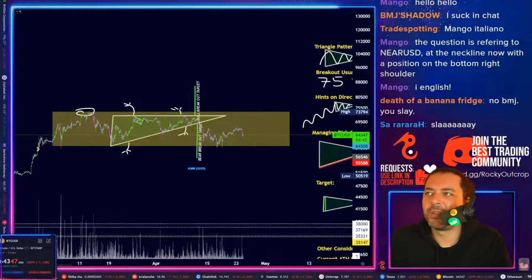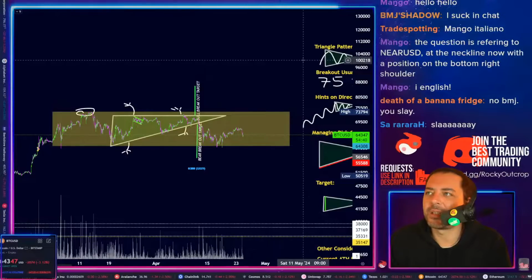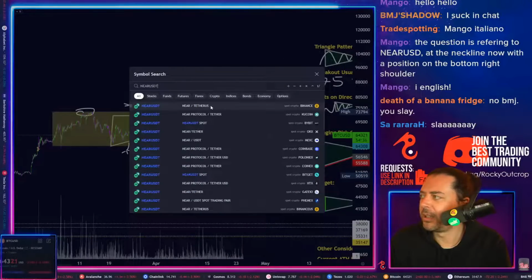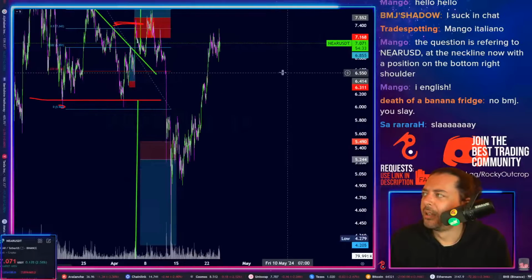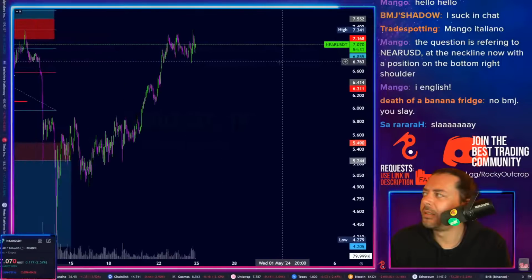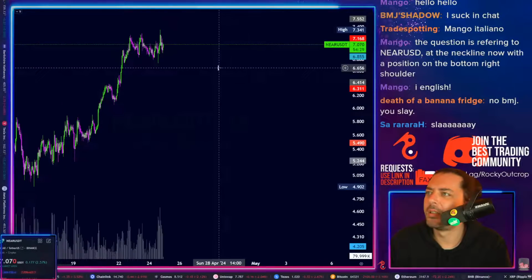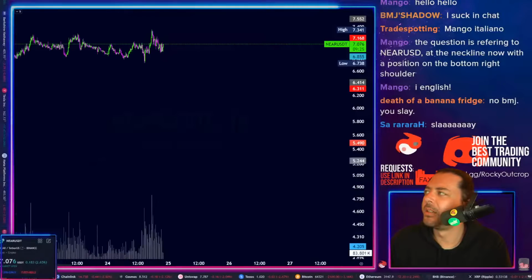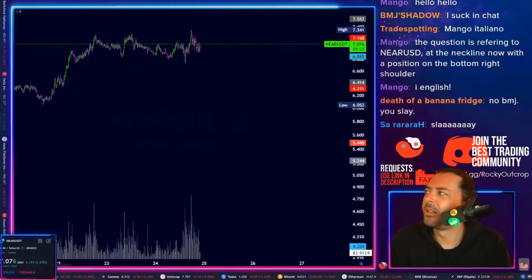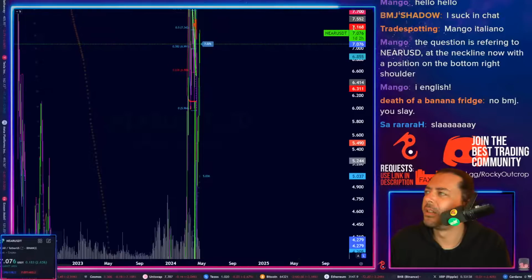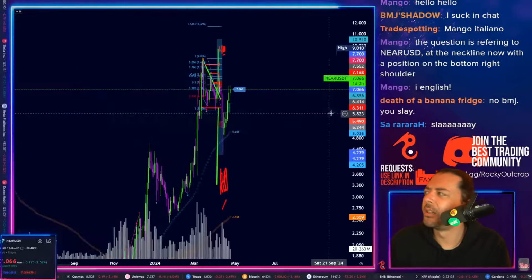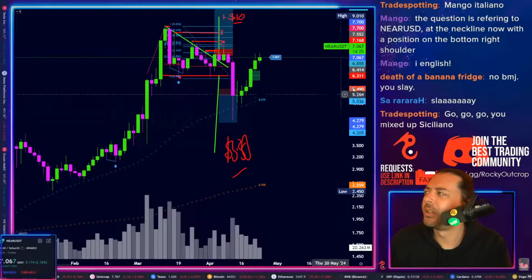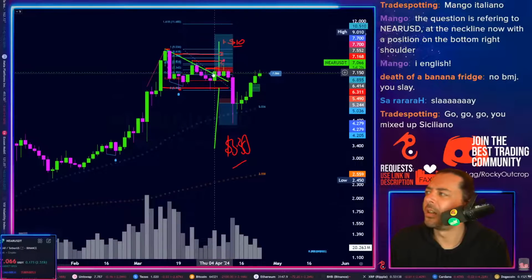The question referring to NEAR USDT at the neckline now, the position at the bottom right shoulder. That didn't work out.